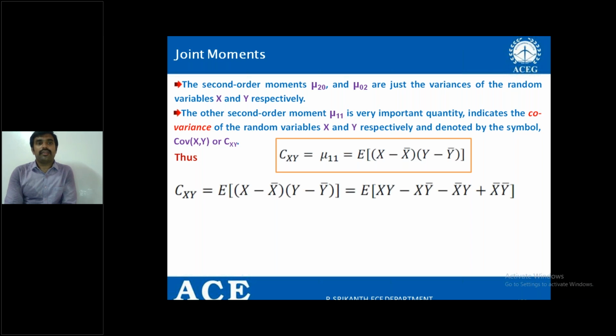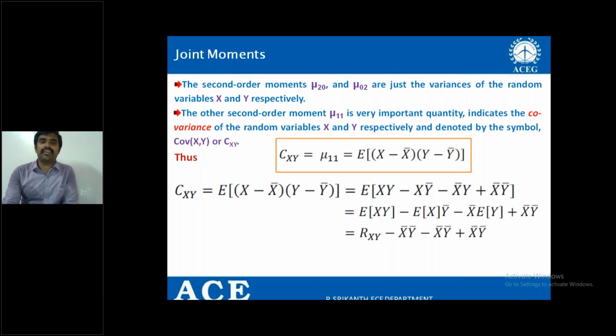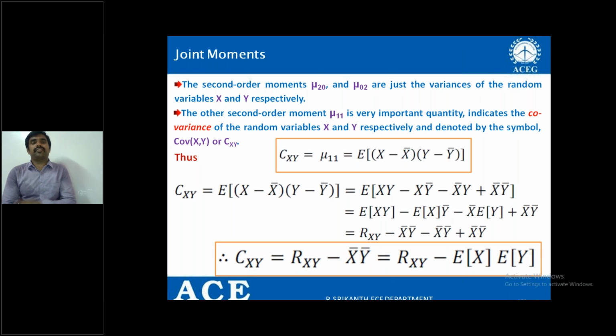Or CXY equal to expectation of, if I expand the term, xy minus xy bar minus x bar y plus x bar y bar, and the resultant can be taken like this: CXY equal to RXY minus x bar y bar, or RXY minus expectation of x into expectation of y, right? So what is RXY? Nothing but E of XY, or correlation. The relation between covariance and correlation is what? CXY equal to RXY minus E of x into E of y.